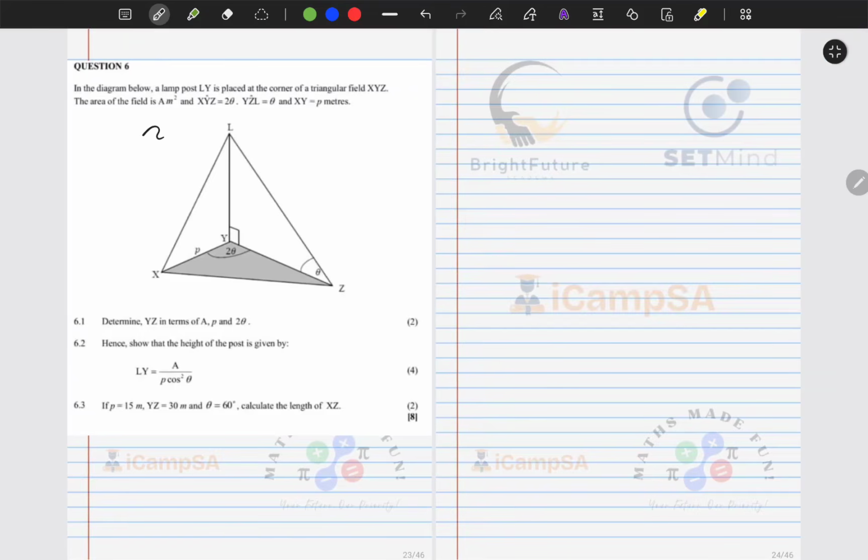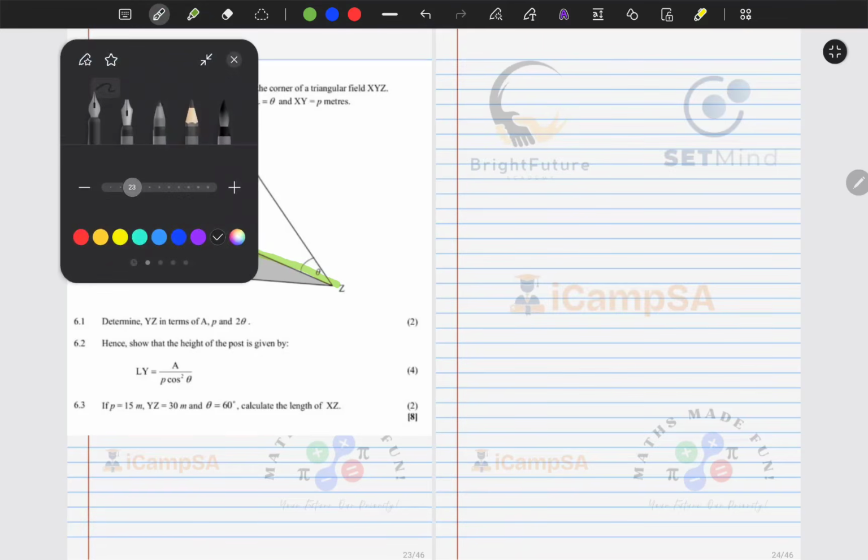We are told the area of the field is A meters squared, and we are given the angle as seen there, and all the other parameters. Now we need to determine YZ in terms of A, P, and 2 theta.